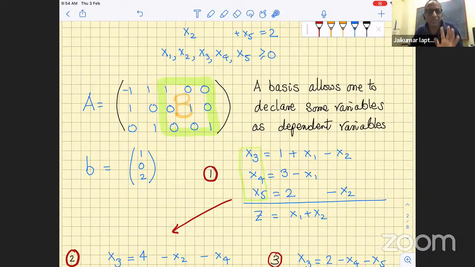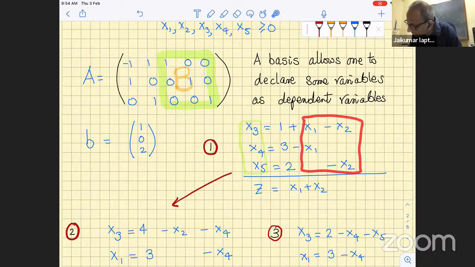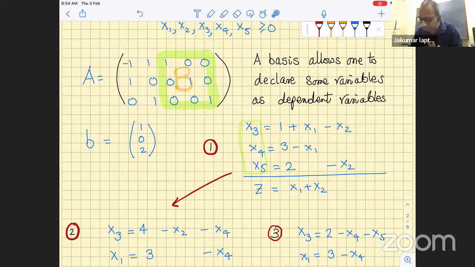But we must ensure that the values we choose, for us to be feasible, everything should come out to be non-negative. But right now we are in that happy situation because all the independent variables have been set to 0. The only variables that have been set to non-zero perhaps are these 3 variables.